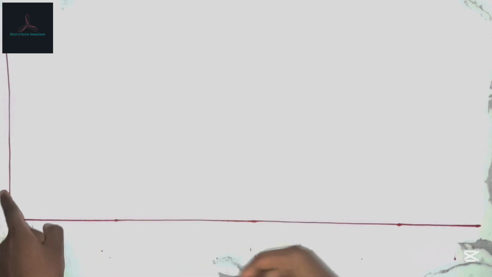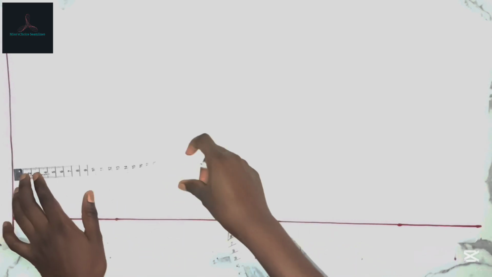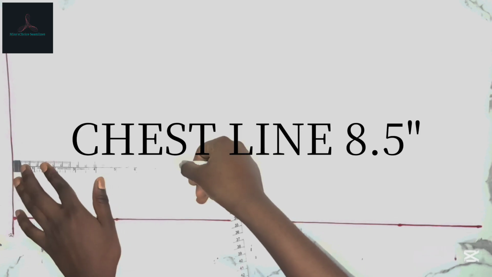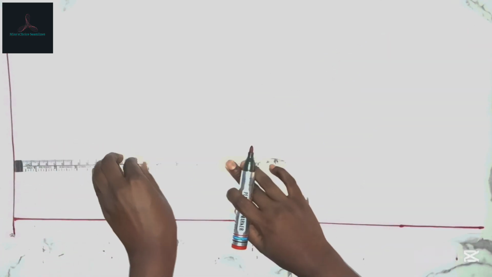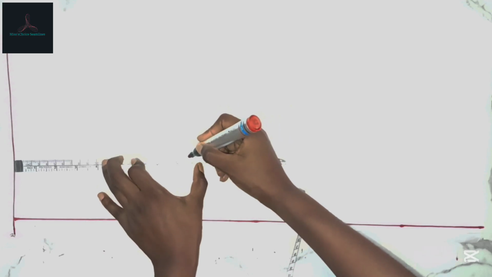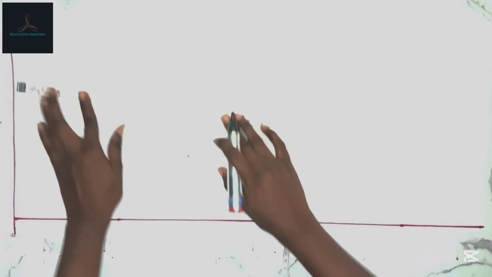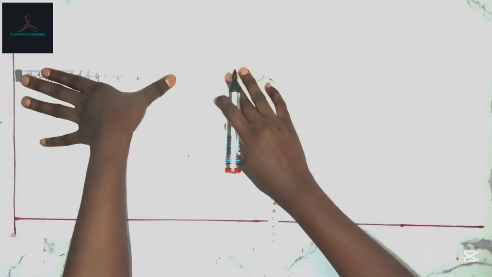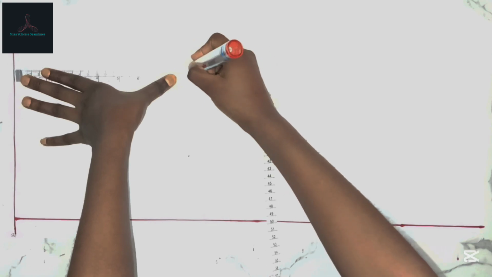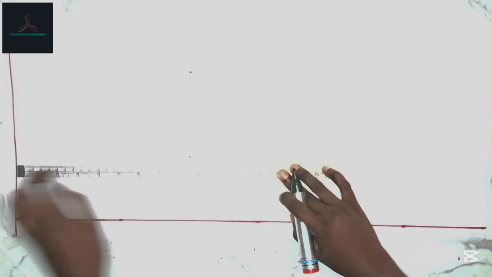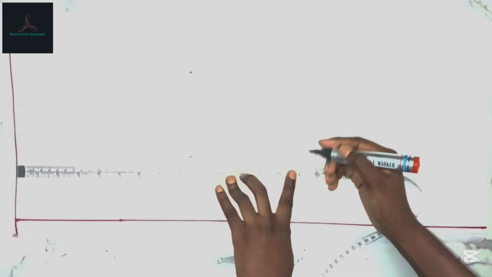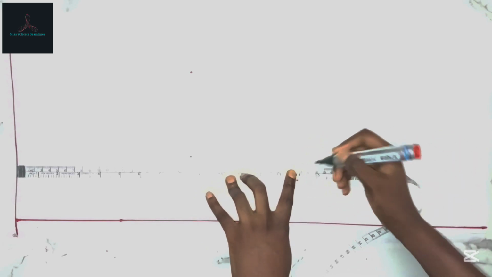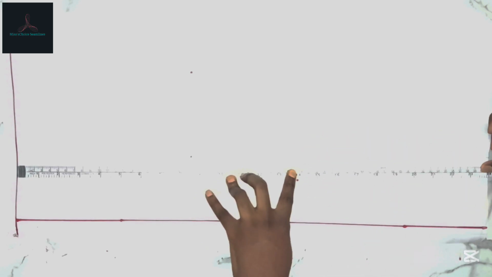From the starting line here, I am going to come down by my chest line of 8 inches. I mentioned earlier that this chest line is going to double as our armhole depth. Then waistline of 14 inches and hemline.